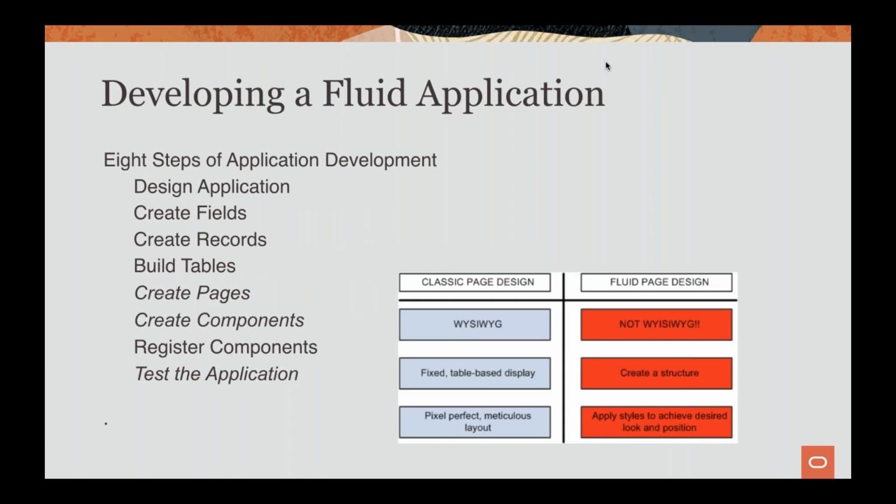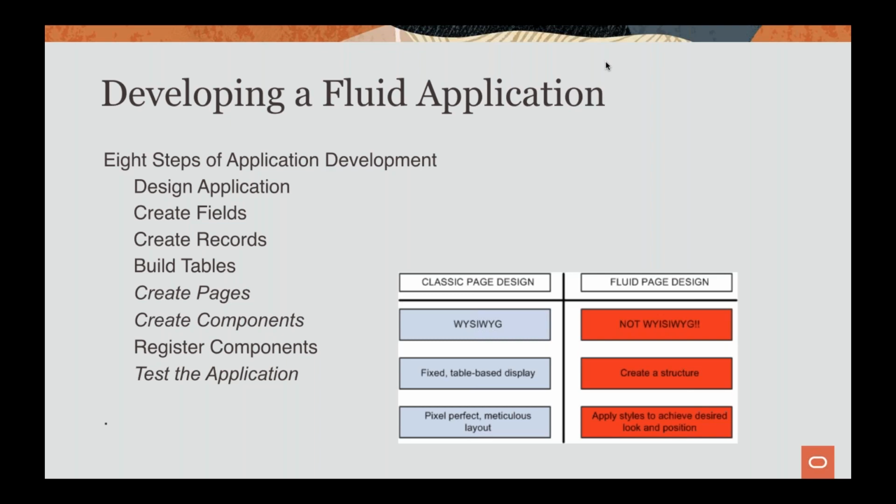Things we need to be aware of. First thing that is hugely apparent is the classic design of a page: you go in, you build your page, and whatever it looks like, whatever the order, that is exactly what you're going to see in classic.